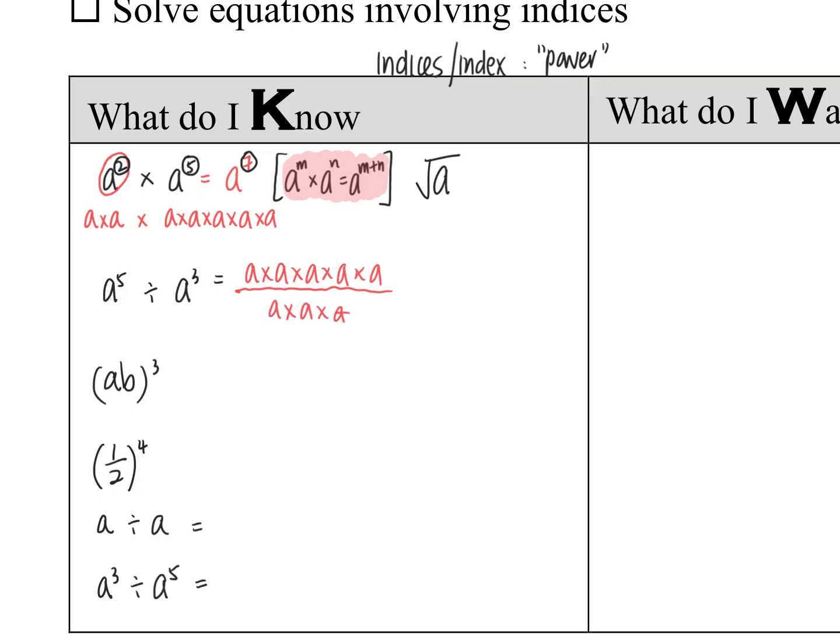And then you realize that they cancel out. So in other words, you are left with a squared. And this is showing you that it seems to be like a subtraction. So the second law we are learning is that when we divide them, we subtract the power. So that's the second law of indices.